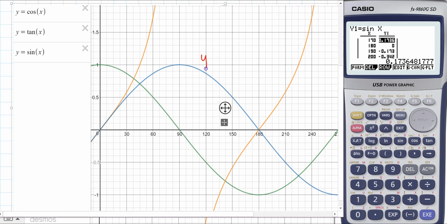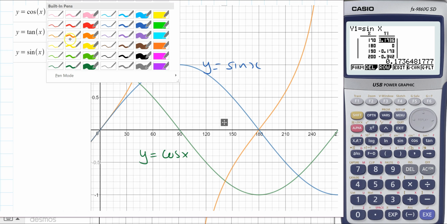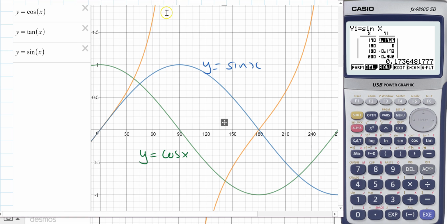This one is y is equal to sine x. This one is y is equal to cos x. And this one, in an orangey color, is y is equal to tan x.